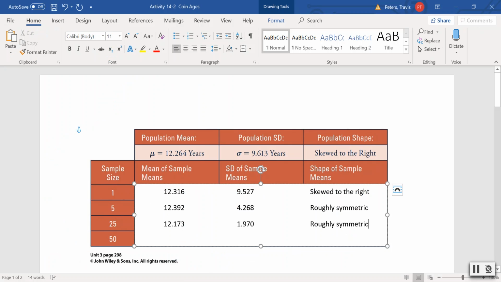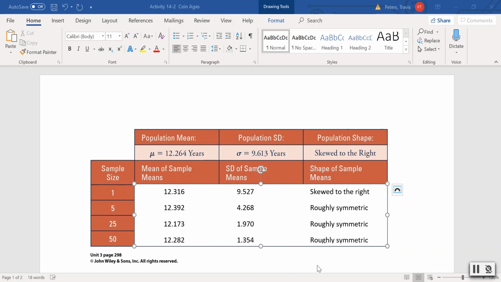So we'll record this in our table. Mean of 12.282, standard deviation of 1.354, and again I'll say roughly symmetric.